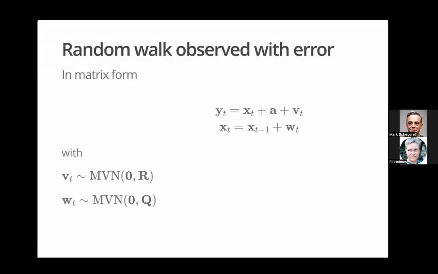If we now collect all of that together in a matrix or a vector, we can write this super compactly. So here's a vector of our observations at time t. There's a vector of the states at time t. Vector of errors, and because we're dealing with multivariates, these need to be multivariate normals now. Covariance matrix R, covariance matrix Q.